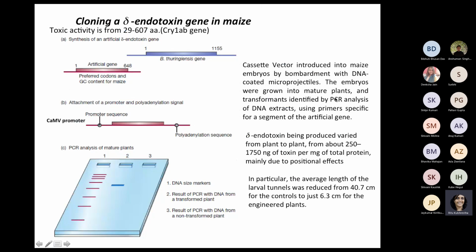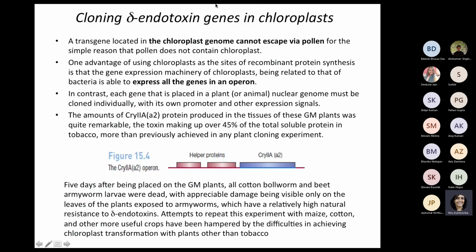So then the idea came: how about we clone this particular gene not in the nuclear genome but in the chloroplast genome? If your gene was cloned in the nuclear genome, then the pollens which are made will also have the nuclear genome, and there is a chance that the foreign gene can be transferred or spread in the environment.